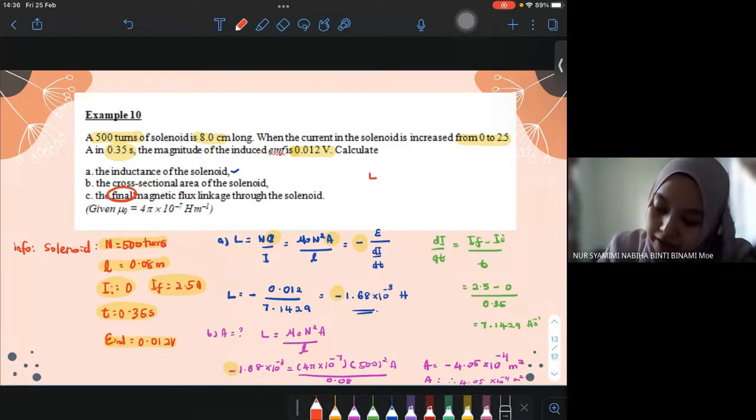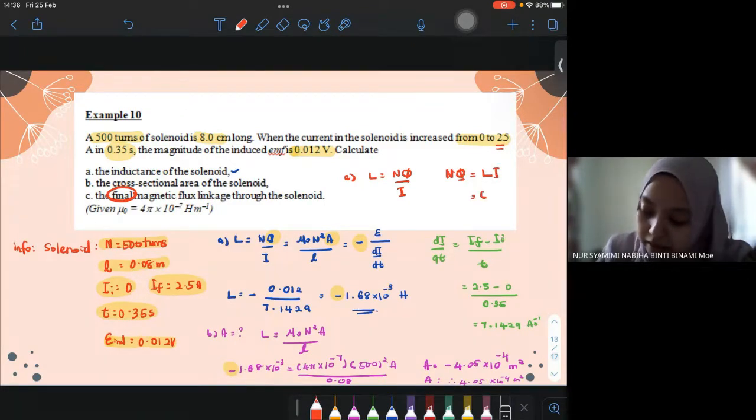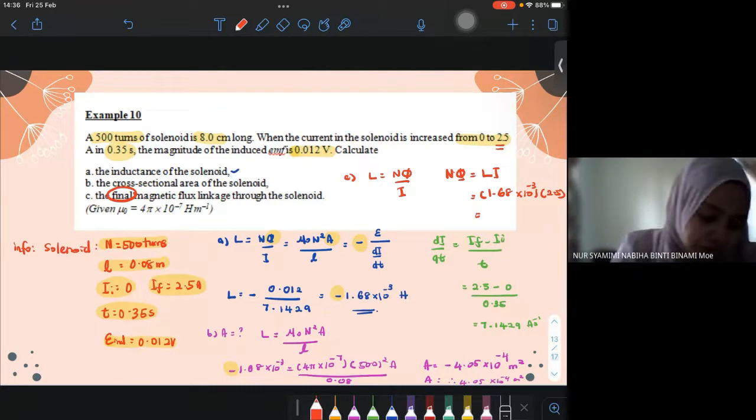So L equals to N flux over I. Disebabkan final, we know the final current is 2.5. So flux linkage ialah N flux is equals to Li. So L yang kamu kira tadi ialah 1.68 exponent negative 3. The current is 2.5. So kita akan dapat the flux linkage which is equals to 1.68 exponent negative 3 times 2.5. Kita akan dapat 4.2 exponent negative 3 whatever.